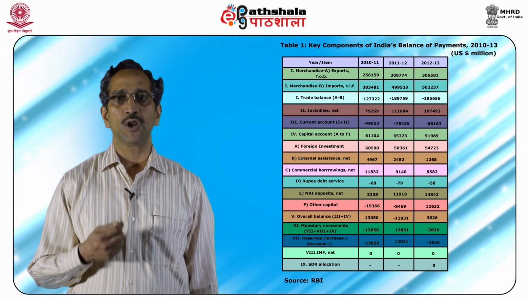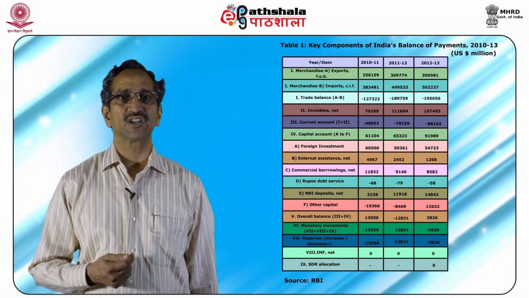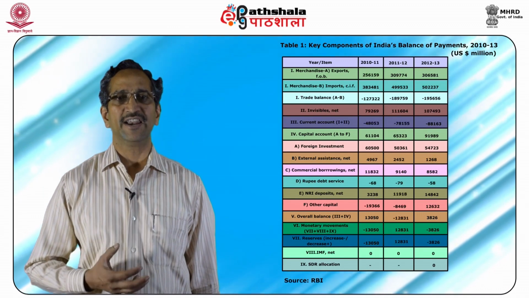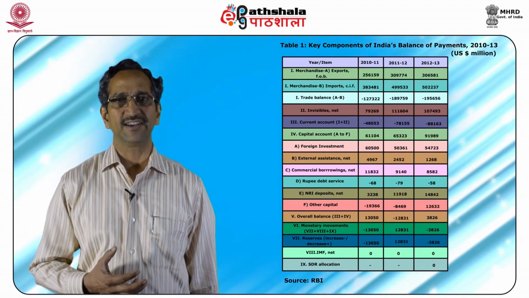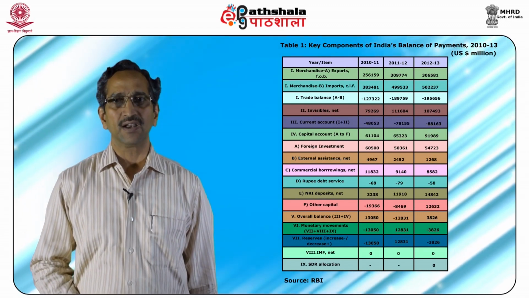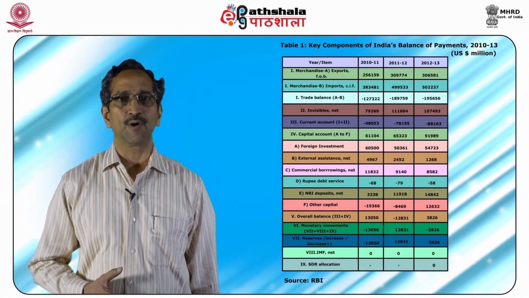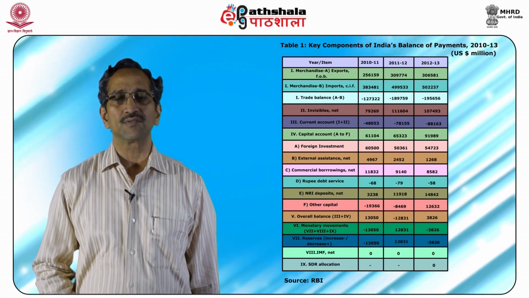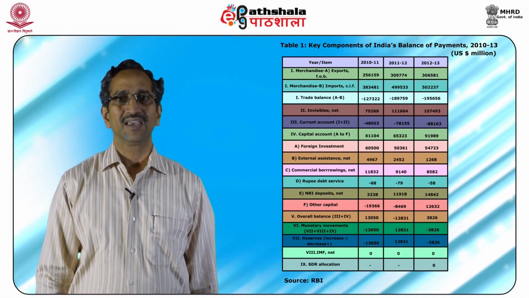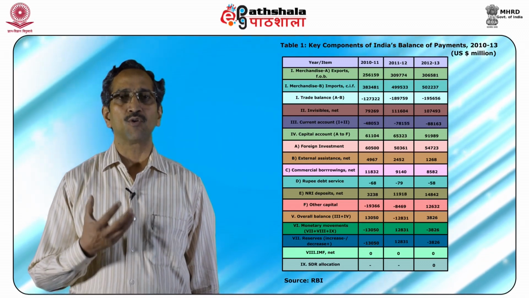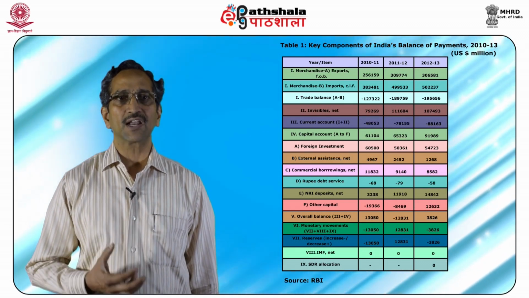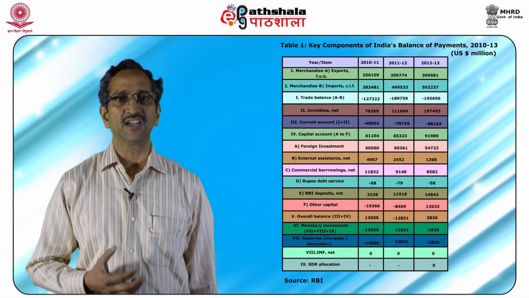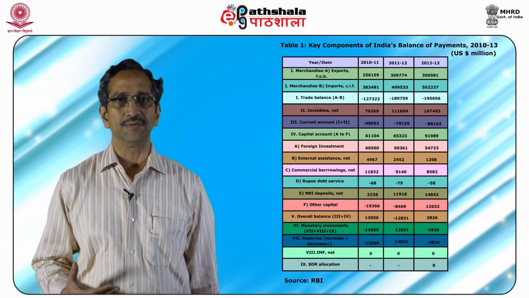It also shows loans, which is external assistance, external commercial borrowing, and trade credit, and banking capital, which includes NRI deposits. All the components of capital account appear with a positive sign, indicating a capital account surplus. The capital account surplus is computed by summing the items from A to E.